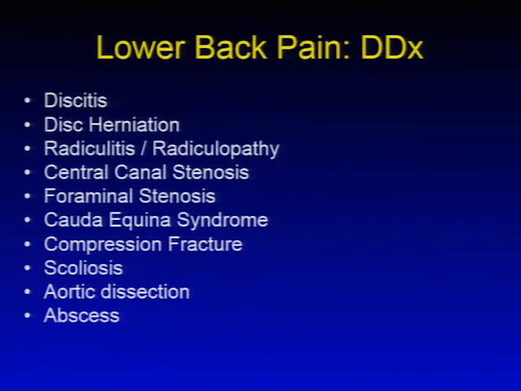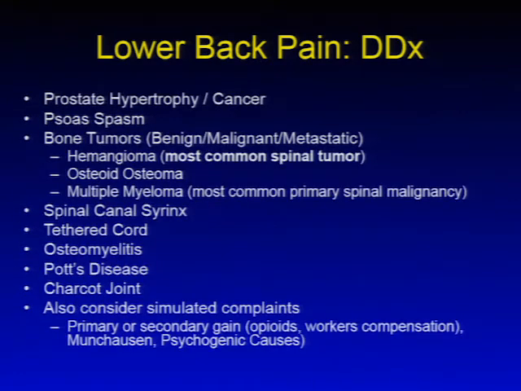Other things that can cause lower back pain include disc herniation, discitis, radiculitis, stenosis, cauda equina syndrome, compression fractures, scoliosis, aortic dissection, and abscesses. Therefore, it's very important to pick up on red flags so as not to miss something as important as an aortic dissection.